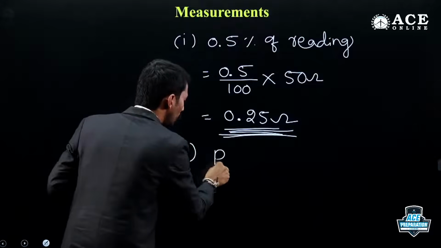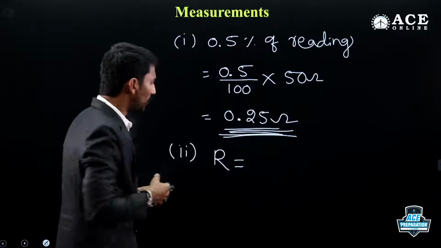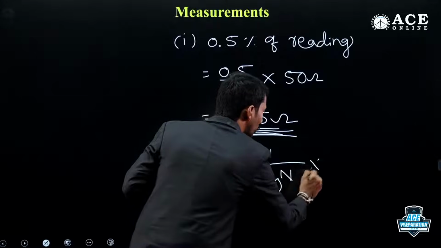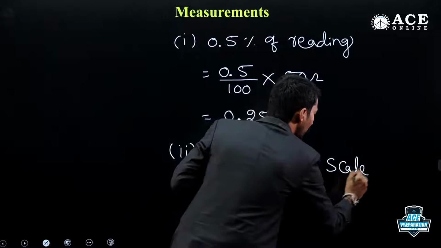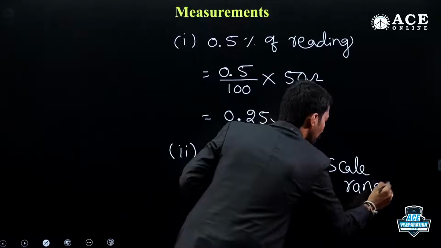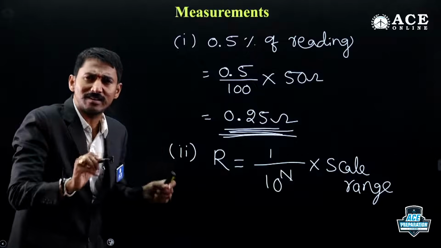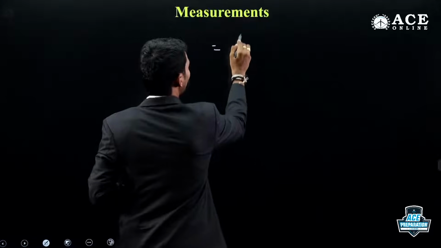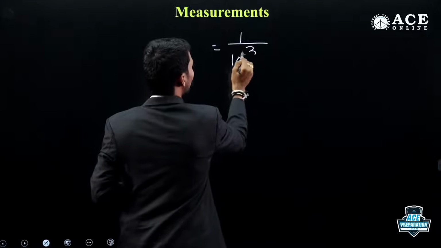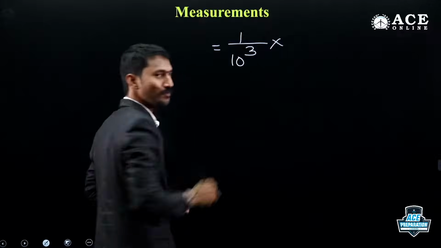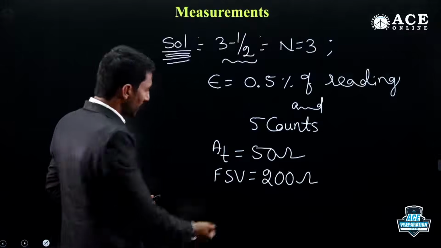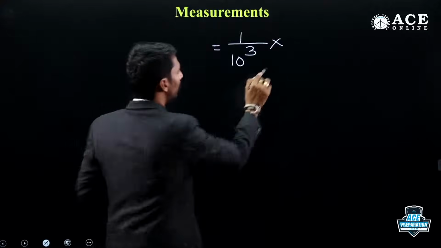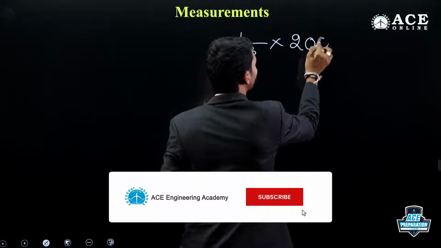Sir, resolution formula. What is the general formula? 1 by 10 power n into scale range. What is the general popular mistake people make? As it is 3.5, n will be 3. The problem here is, sir, the full scale value is 200. By mistake, many people take this as 200.